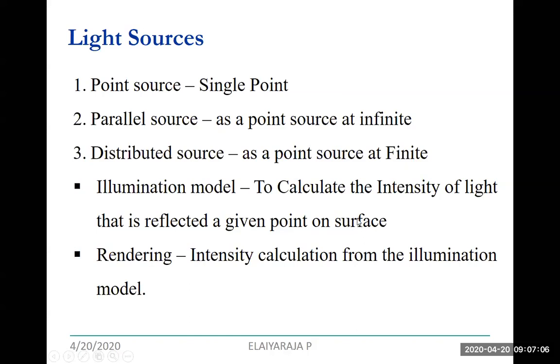You are going to calculate how intensely it touches the object, and whether it is going to reflect, refract, or diffuse. That you are going to check through this illumination model. Rendering is the intensity calculation from the illumination model: what is the final calculated intensity value that you are going to render for display?